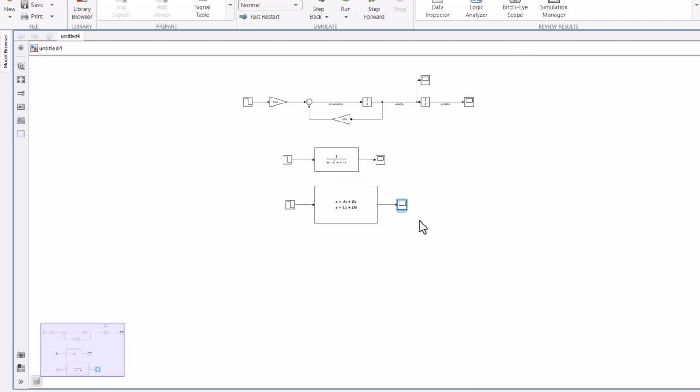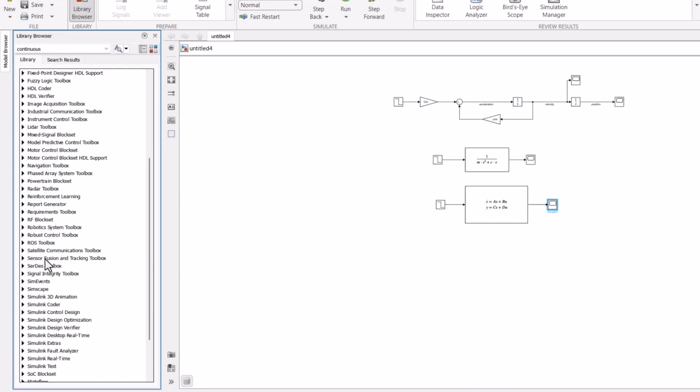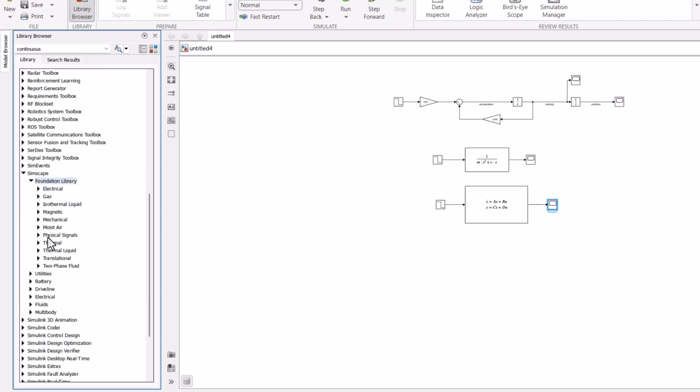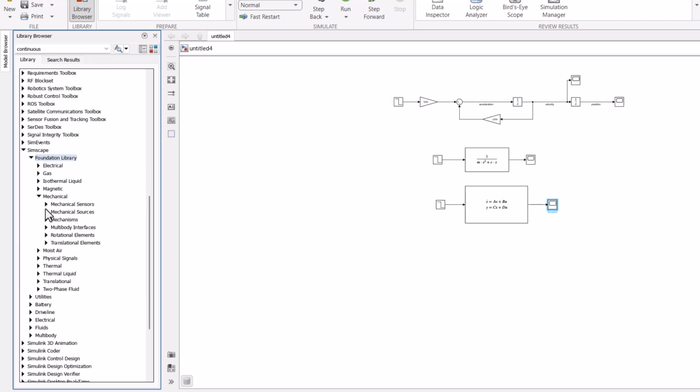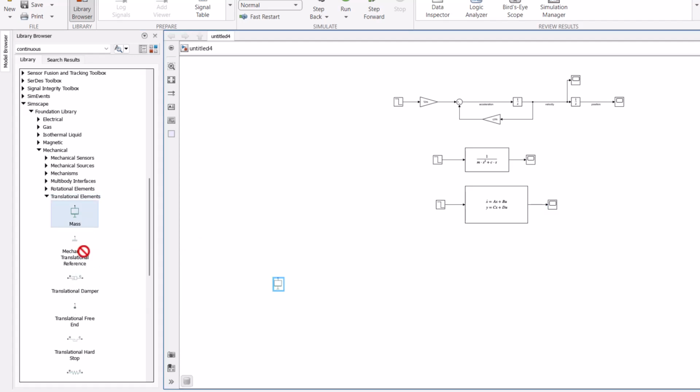And the last method, the 8th method, is using Simscape. So I go to library browser, I find Simscape. Under foundation library, I find mechanical. And I need translational elements, mass, a mechanical translational reference, and a translational damper.